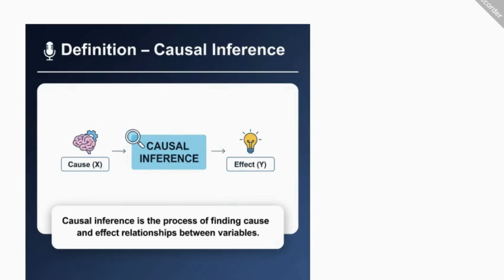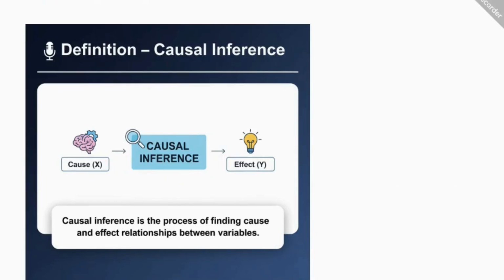There is a big difference between correlation and causation. Correlation is when two things happen together. For example, ice cream sales increase and sunburn cases increase, but ice cream does not cause sunburn.